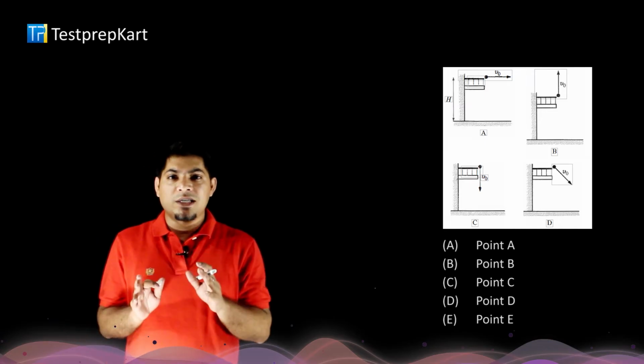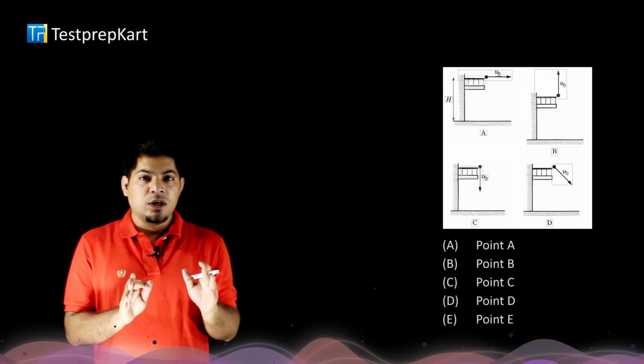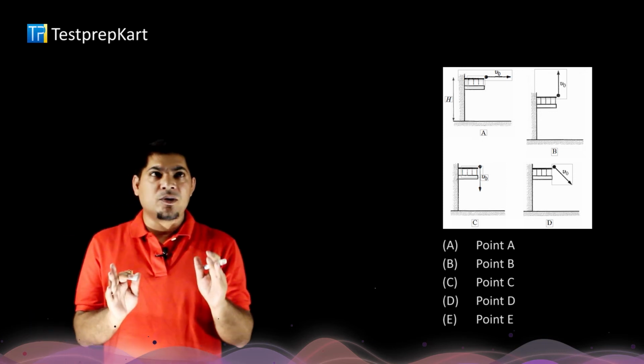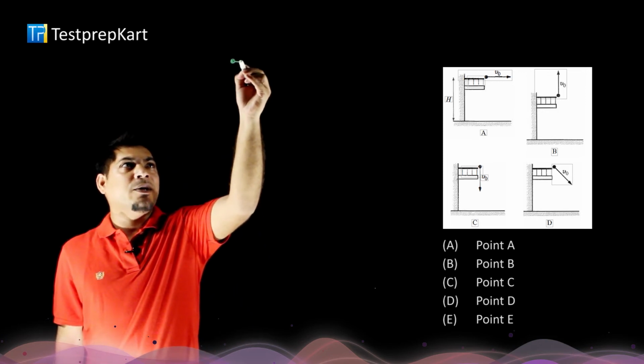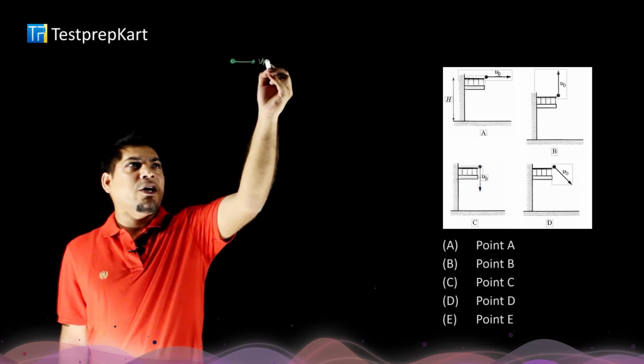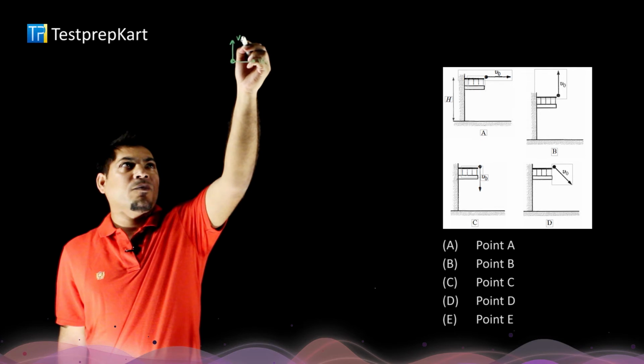So these questions are basically based on two-dimensional motion, that is projectile motion. In projectile motion, there is a very important point that we need to deal with the horizontal component of velocity and the vertical component of velocity separately.